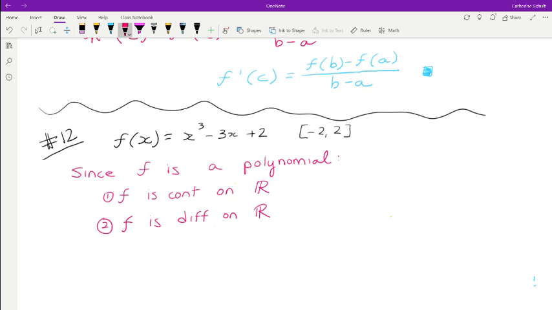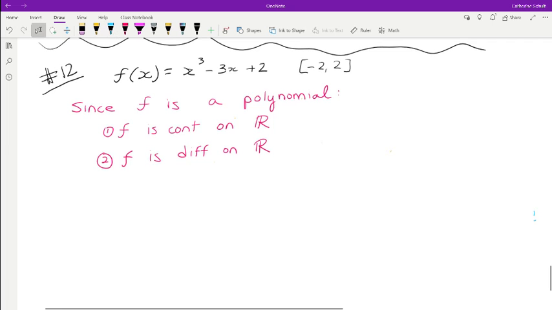All right, and then just like we've done in the past for our big theorems, like our squeeze theorem and our intermediate value theorem, once we show the hypotheses are satisfied by the mean value theorem, we're going to want to say, all right, so that's important. I'll be looking for that on the exam.